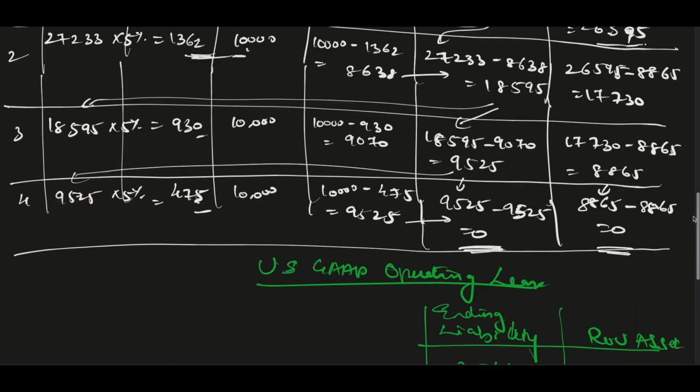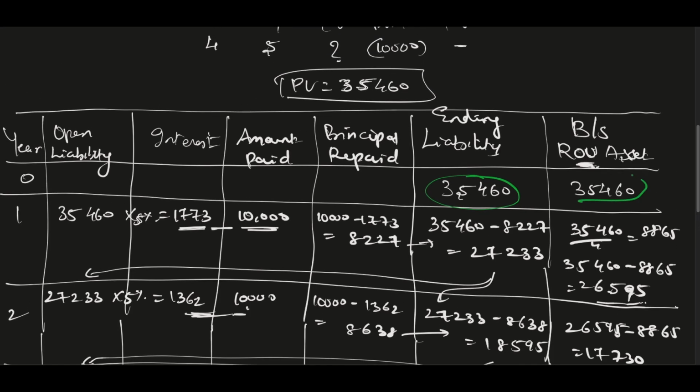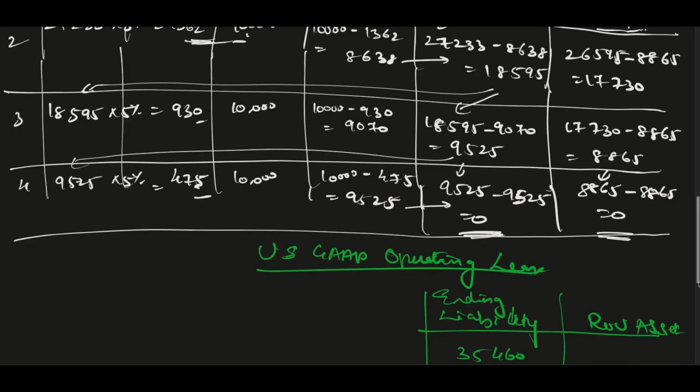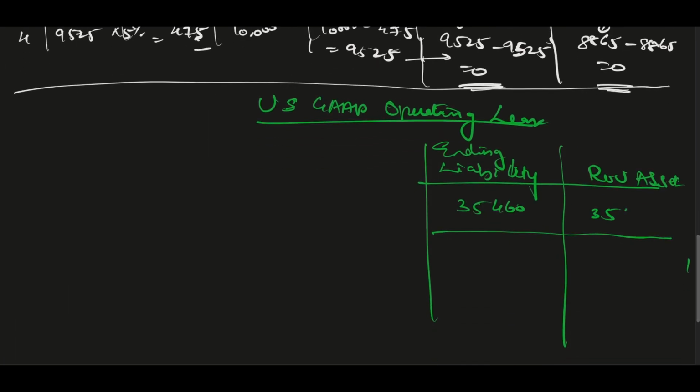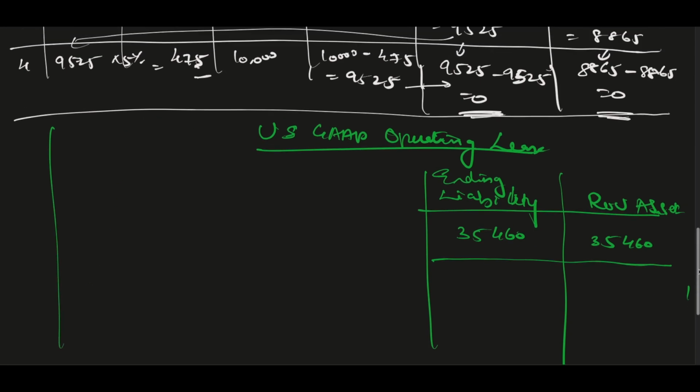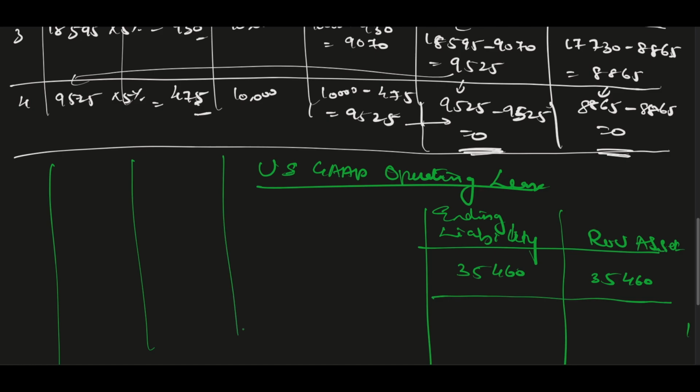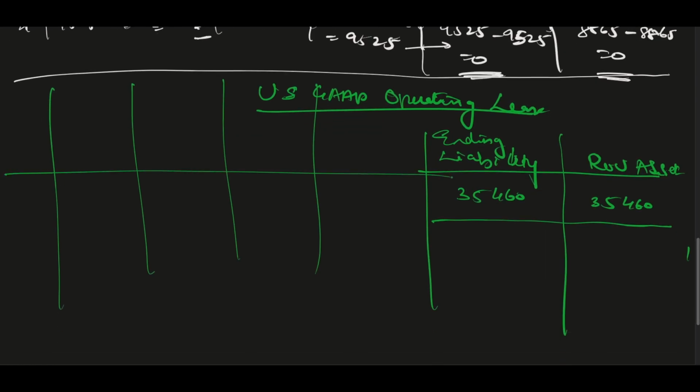Now in the asset, see here also 35,460. I am going to write the same one. You will find the change now. Now the change is for year 0. Okay, so if you want, you can write all this down, it will be the same stuff, right? So finally, for year 0, it will be the same one.